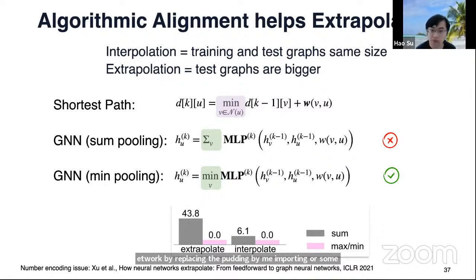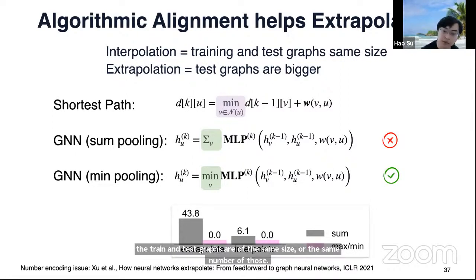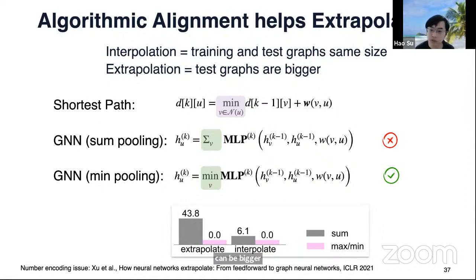Now, we test the performance on interpolation and extrapolation experiments. By interpolation, we mean that the train and test graphs are of the same size or the same number of nodes. Whereas by extrapolation, we mean that the test graph can be bigger, or you can directly change the weights on the graph to make them larger, and it requires extrapolation.